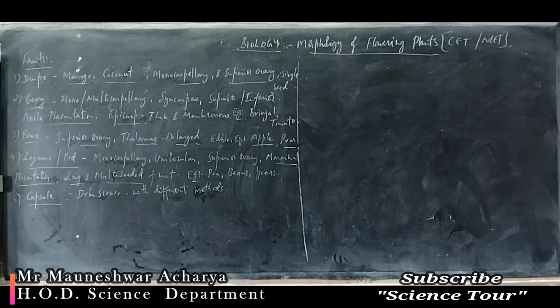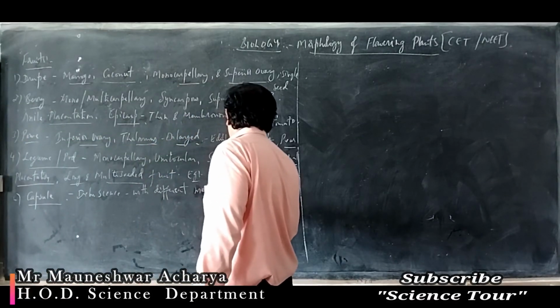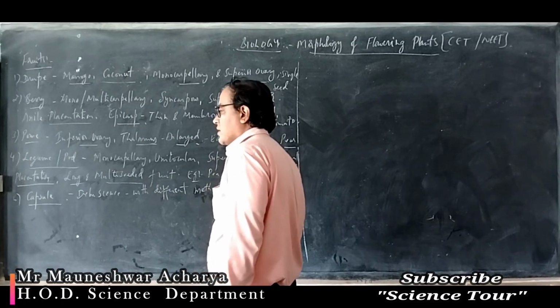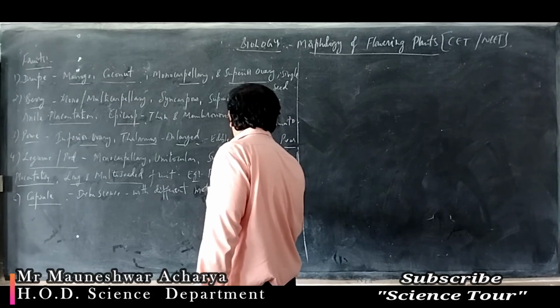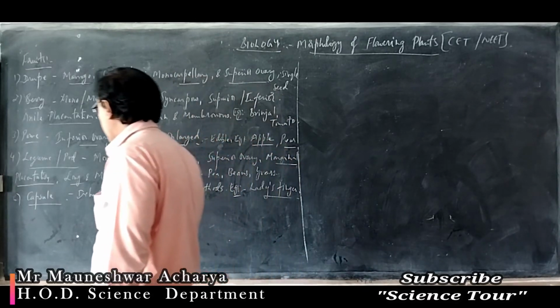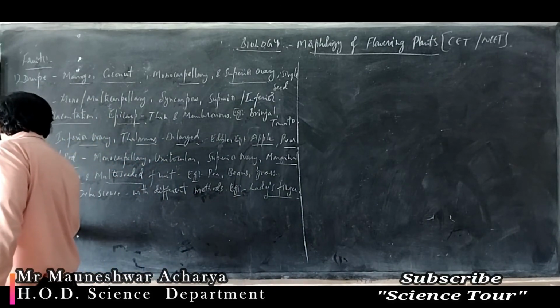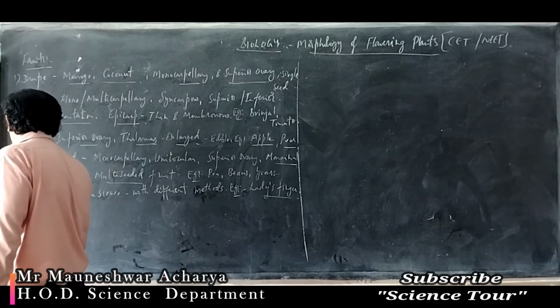Lady's finger, datura. Examples: Abelmoschus esculentus, that is lady's finger. Then comes datura. Datura is a weed, an unwanted plant, the stink weed with a stinky smell.